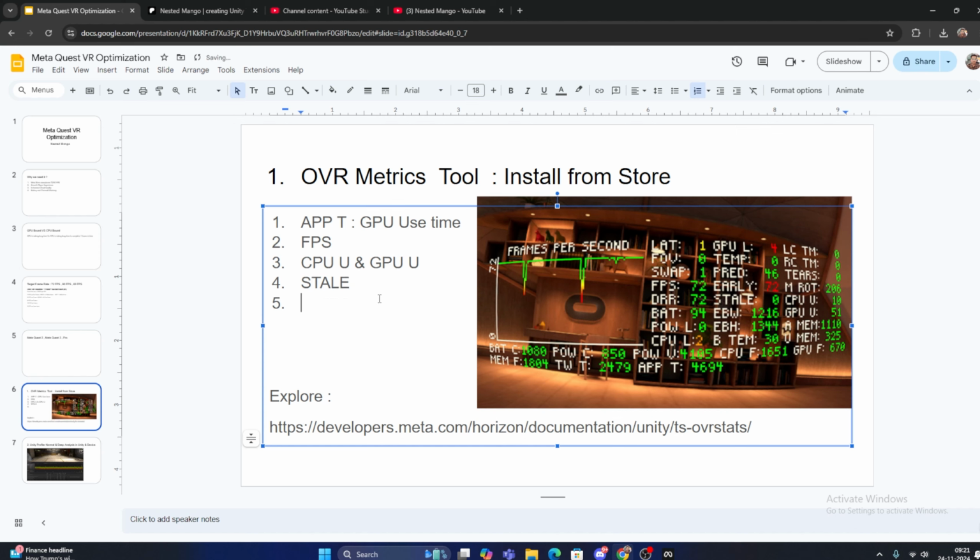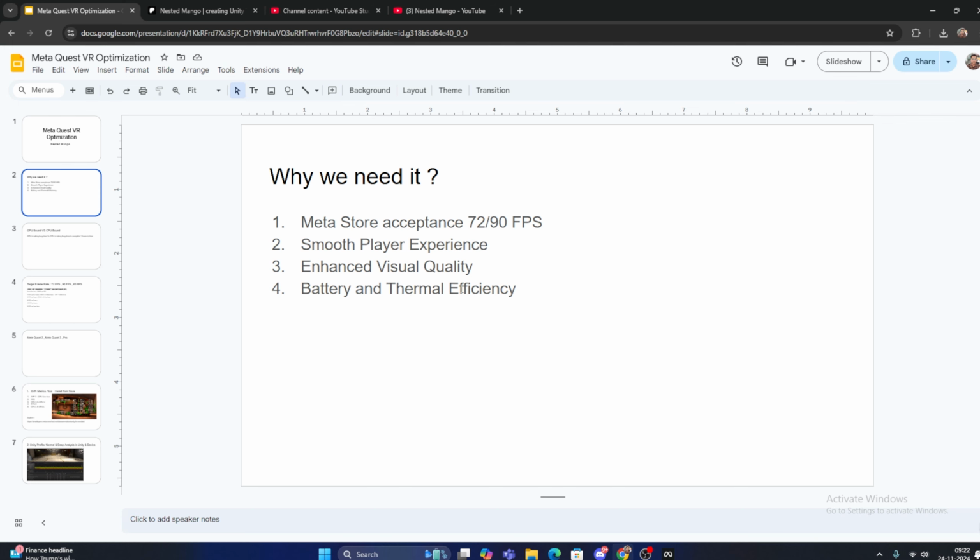Here there are a few things that I want to tell you, that is the CPU level and GPU level. This is very important because here I told you about battery and thermal efficiency.